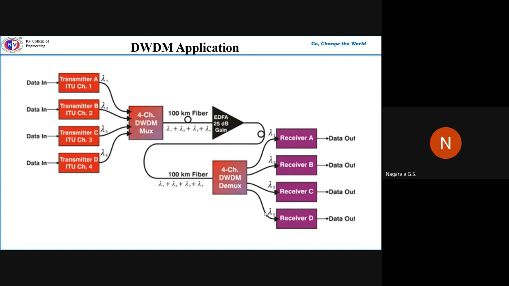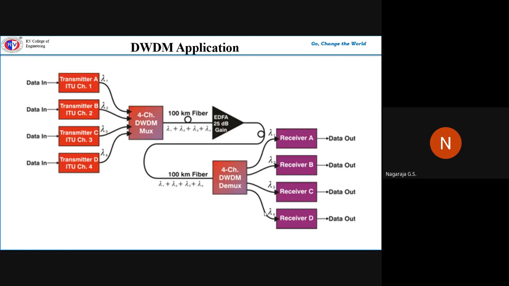Data comes in on different channels with wavelength signals, lambda 1, lambda 2, lambda 3, lambda 4, which are combined and come to the multiplexer. That's a 4-channel DWDM, where all of them are combined together, which gives you lambda 1 plus lambda 2 plus lambda 3 plus lambda 4.